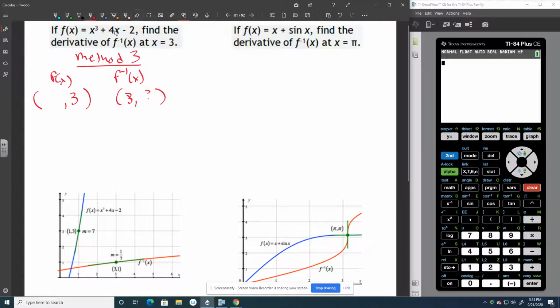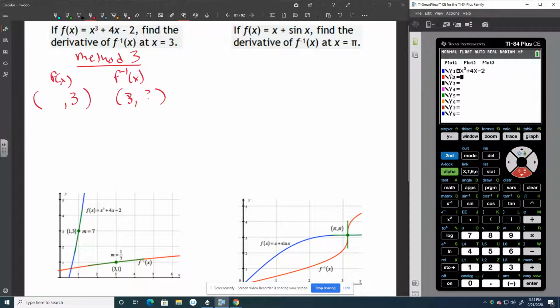You can go ahead and solve that and try and figure it that way, but I'm just going to use my calculator. I'm going to plug in x cubed, so x to the third power, plus 4x minus 2.